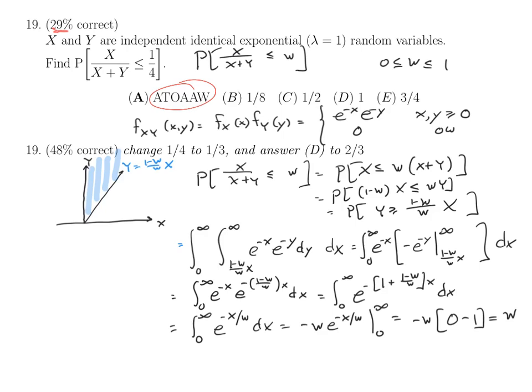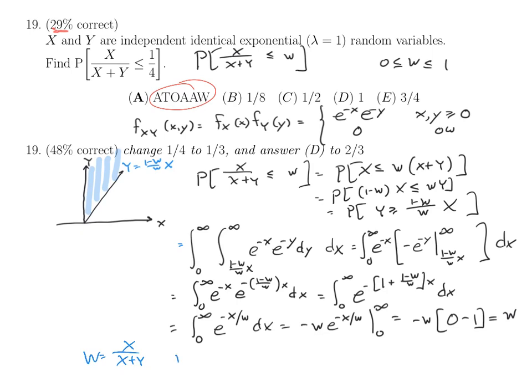Okay, so what's interesting about this problem is that we've done something a little bit interesting here, right? Which is at least interesting to me. And that's that we define this random variable W over X plus Y. It's the ratio of one exponential to itself plus another that's identical, right?